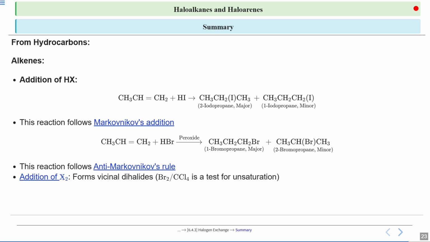This reaction gives a vicinal dihalide, where the 2 halogens are attached to adjacent carbons in the molecule. So this is the alkene CH2=CH2 reacting with a bromine molecule in the presence of CCl4 and giving 1,2-dibromoethane, which is a vicinal dibromide.